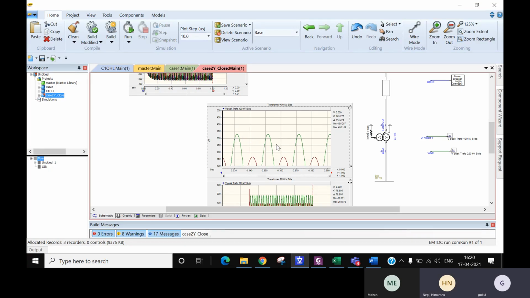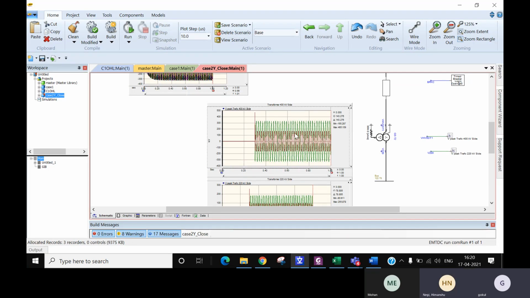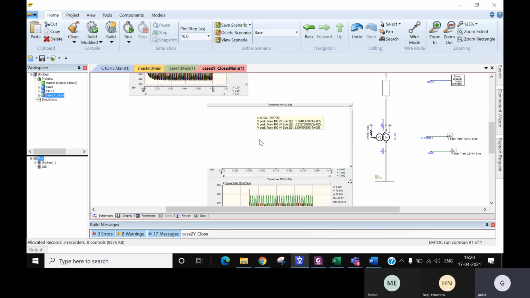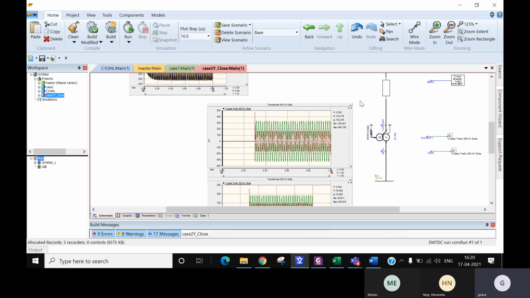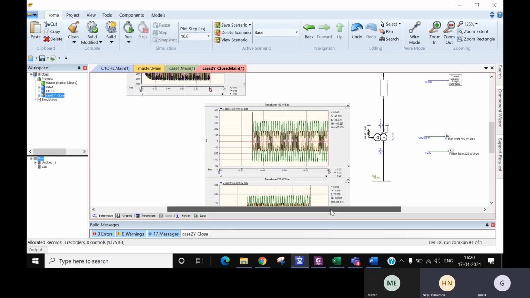I'll show you that in a PSCAD example file, where there is a case I will explain as well, and you can see the difference. But in our case, there is no ferro resonance. We can conclude that this 465 voltage is because of switching. Since there are no oscillations, we can conclude that no ferro resonance occurred in my system.